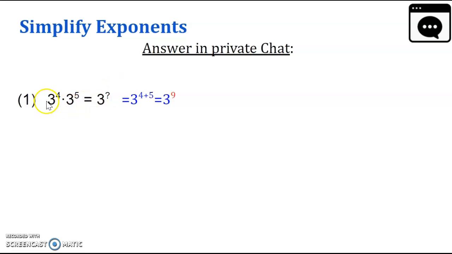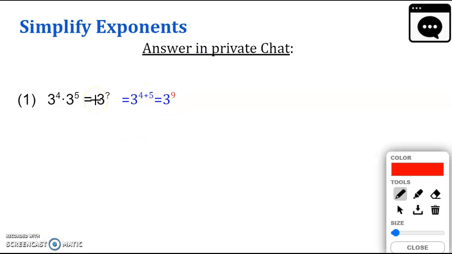Well, since the bases are the same, you can just add the exponents and that's 3 to the power of 9. Remember, the reason this works is 3 to the power of 4 is the same as 3 times 3 times 3 times 3.